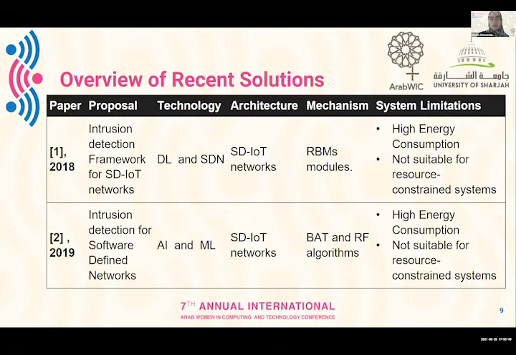The other one is also an intrusion detection system, but it uses artificial intelligence by applying PAT and random forest algorithms to detect and classify the intrusions. These systems have some limitations: they have high energy consumption, and they are not suitable for resource-constrained systems.